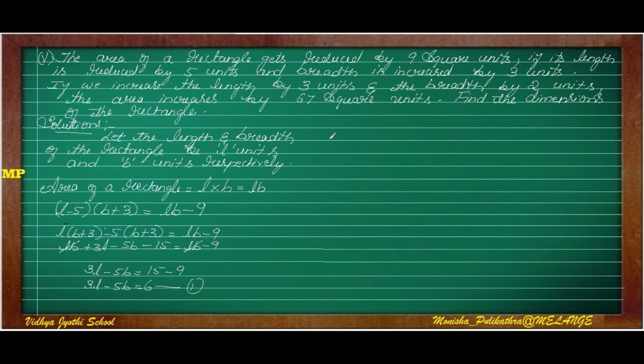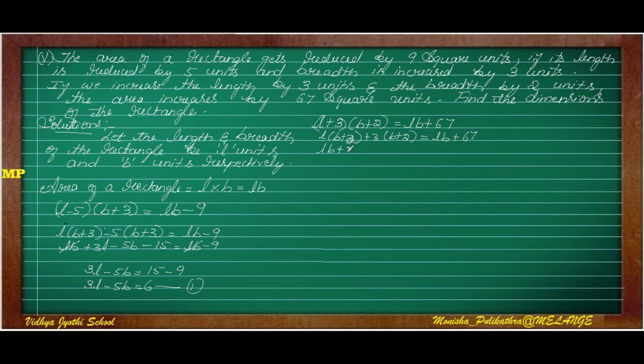Next, according to the data they have given, if the length is increased by 3 units and the breadth is increased by 2 units, then the area of the rectangle is increased by 67. Again multiply it. (L + 3)(B + 2) is equal to LB plus 67.